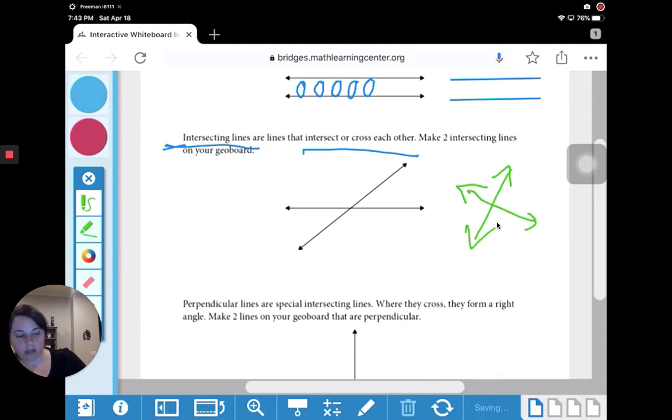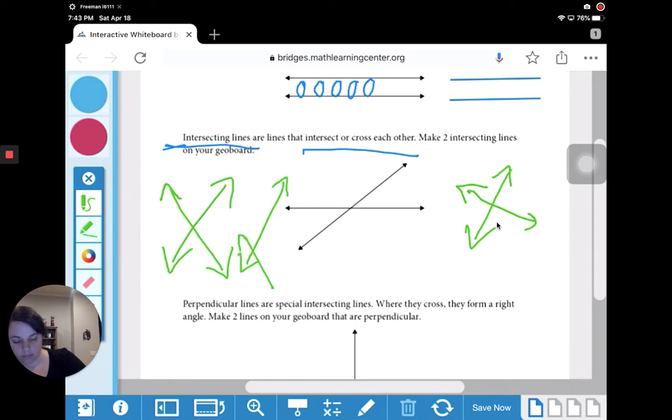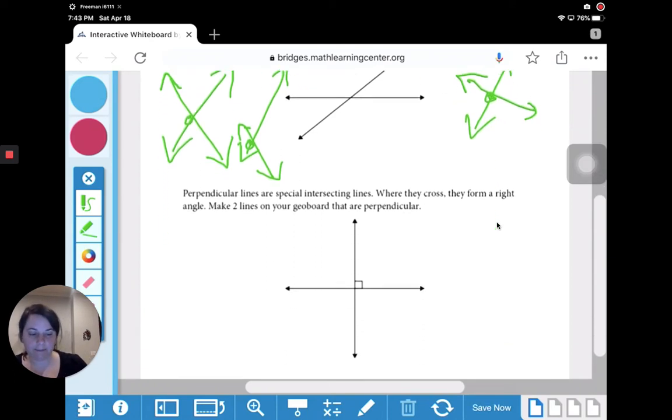Or maybe they look like this. But at some point, they cross with each other. Okay? And they don't always have to cross right in the middle, like these two cross right there. They can, as long as they cross over each other, they count as intersecting lines.